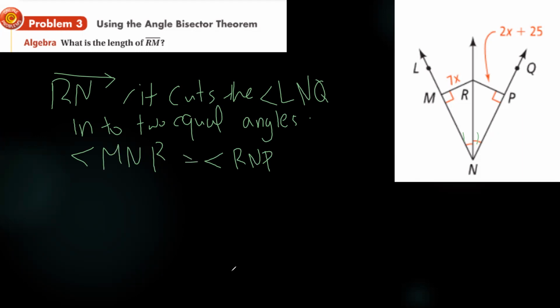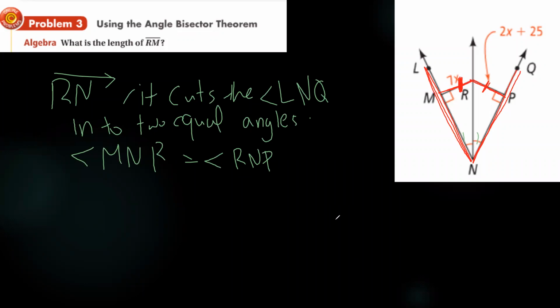Since it is an angle bisector, it means the distances are perpendicular on the sides of the angle, as you see here. And since it is perpendicular on the sides of the angle, they are equidistant from these sides. It means the length of this side will be equal to the length of this side. Is it right?